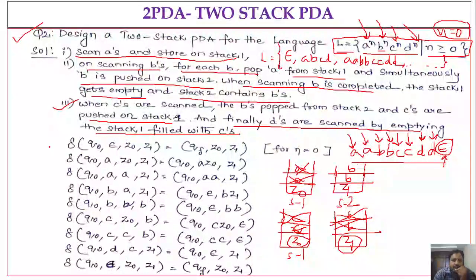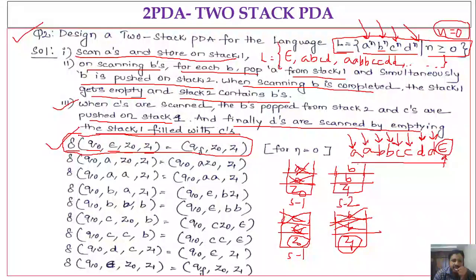So based on that, we could write this state transition function here. So see, initially delta, initial state Q0, comma, input is epsilon, comma Z0, comma Z1. So here, this is the transition function, the first one that we are writing for accepting the empty string, right?